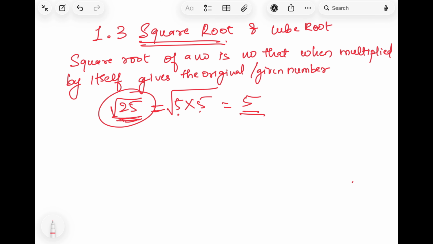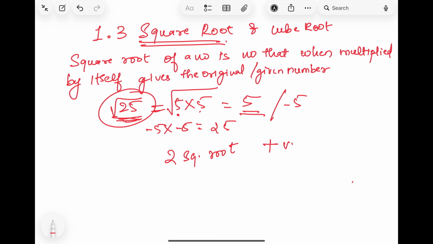Similarly, now it can be plus 5 or minus 5, right? Because minus 5 into minus 5 also becomes 25 only. And plus 5 into plus 5 also becomes 25. So when they tell you to find the square root, it is possible to have two square roots. One will be the positive one and the other one will be the negative one.